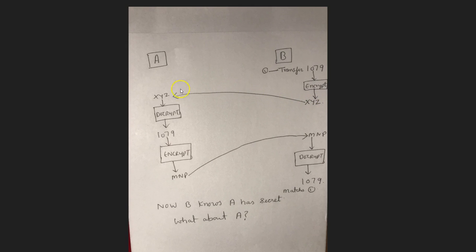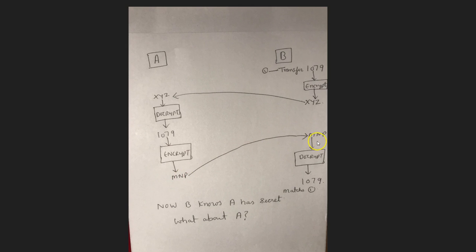So XYZ is transferred to A. A will decrypt it, and assume the decryption is a success. It gets 1079. So A will again encrypt it back to get encrypted 1079. I'm going to call this MNP, and this MNP is passed back to B.